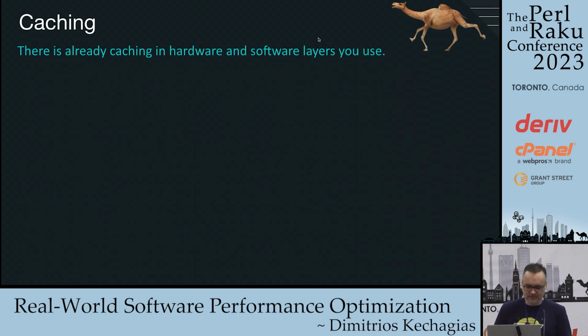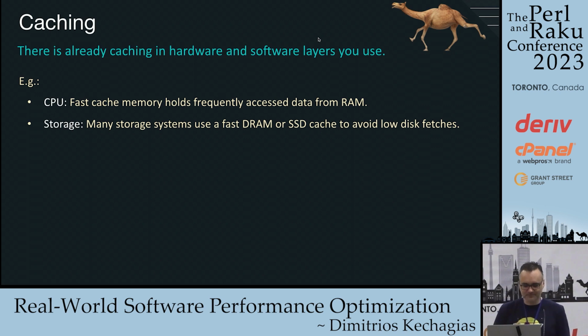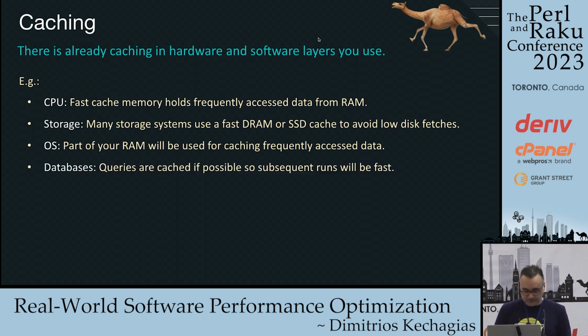So there's caching everywhere. You already use caching in things like your CPU, which has the L1 to L3 cache to hold frequently accessed data. Your storage controller might have DRAM to store frequently accessed fetches. Your OS will use part of its RAM for buffers and caching.